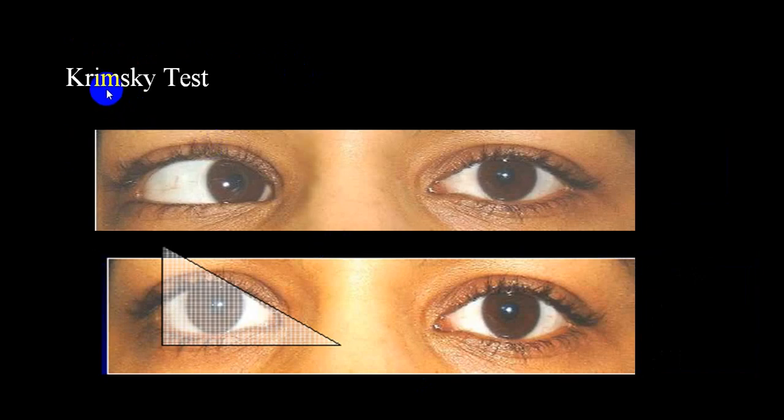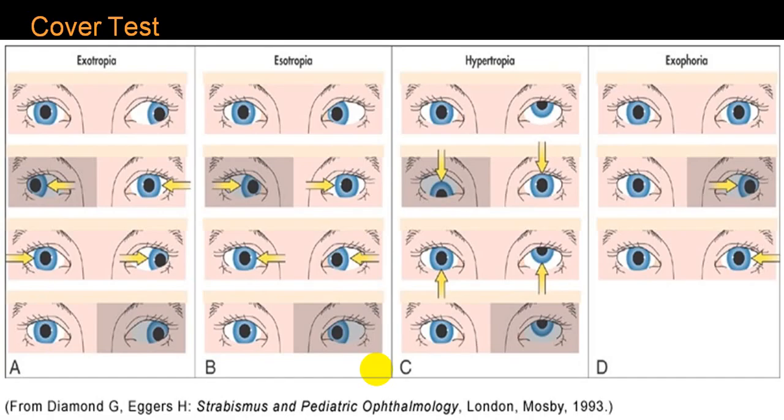Then there is one test called the Krimsky test. By covering the eye with a glass, try to identify what type of squint it is. This is the cover test. You can detect exotropia, esotropia, then hypertropia, exophoria.